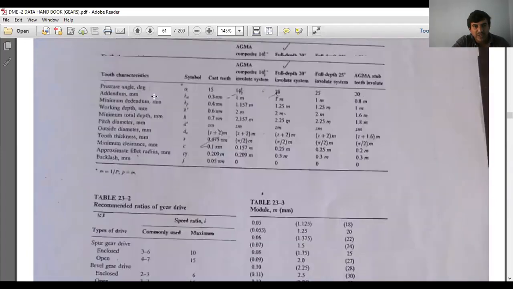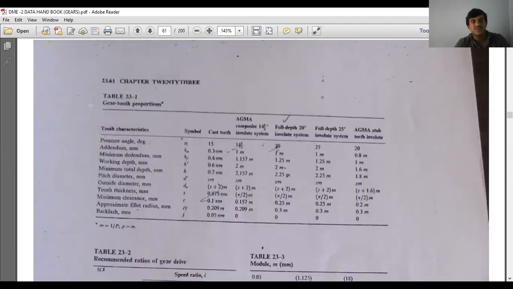The table number 23.1, I think it is visible. Please check. Table 23.1, gear tooth proportions. This is visible. Yes, sir. Visible, the data handbook, table 23.1. Just give me an answer.